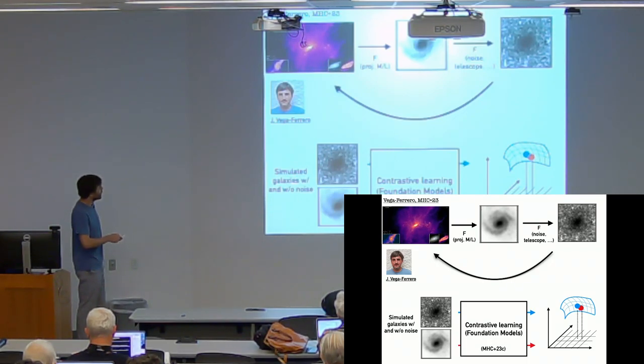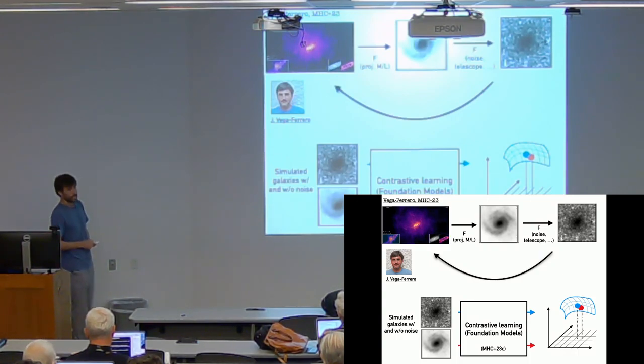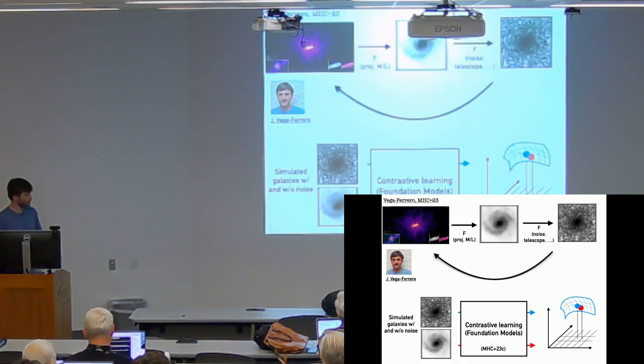The idea is that we feed, at the same time, this noisy, perturbed version of the image and this high-resolution image, and we try to project them into a high-dimensional manifold in which we want these two points to get together. So essentially, we try to extract features from these images that are independent of the noise perturbation, and you get that all intrinsic morphologies will lie together in this plane somehow.